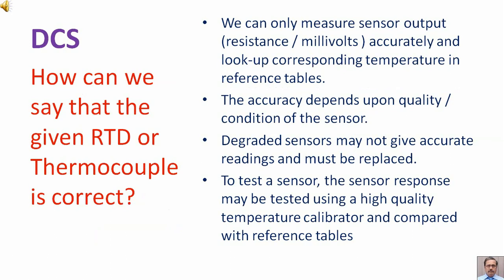The accuracy depends upon the quality and condition of the sensor. Degraded sensors may not give accurate readings and must be replaced. To test a sensor, its response may be tested using a high quality temperature calibrator and compared with reference tables.